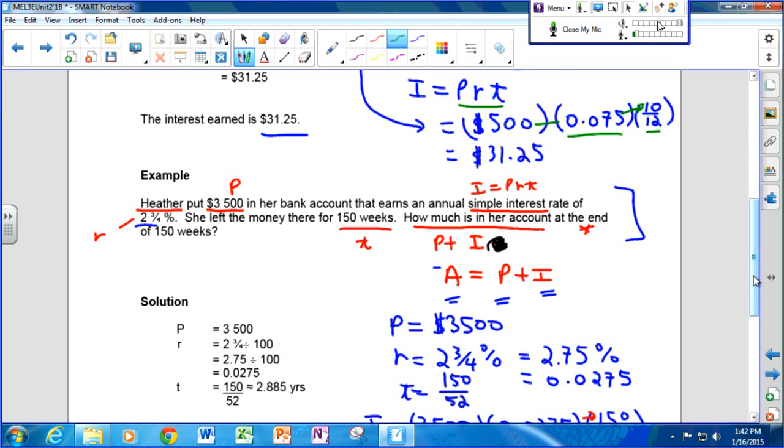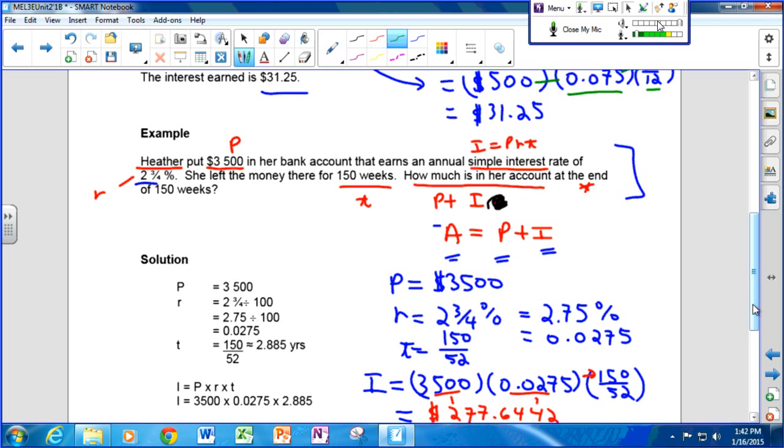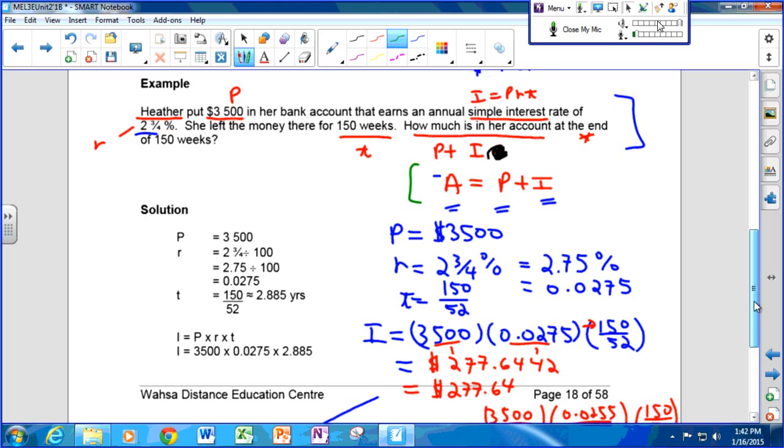And if we want to know the amount, we're going to have to use that second formula, which was A equals P, the principal, plus I, the interest. We're going to have to add that up, because we calculate the I, we're usually given the P, and then we can work out the amount.